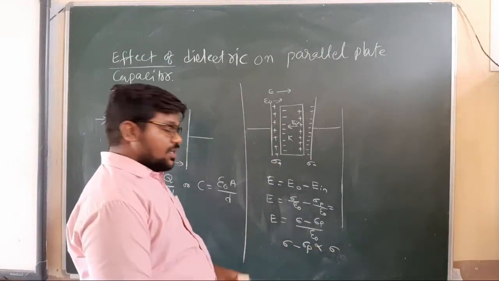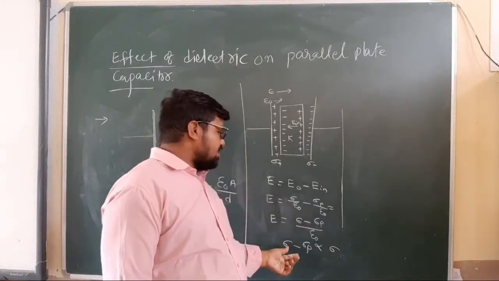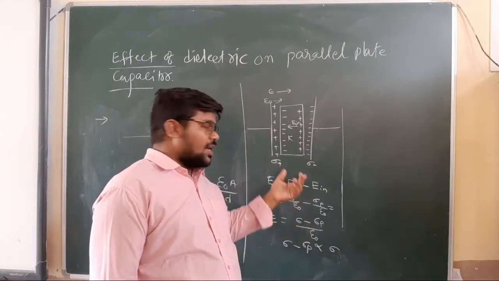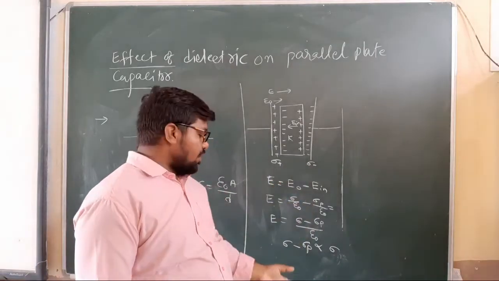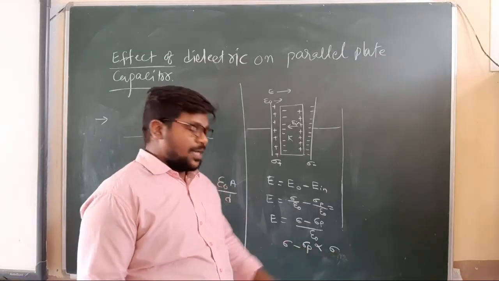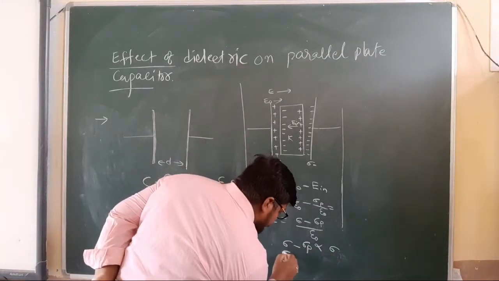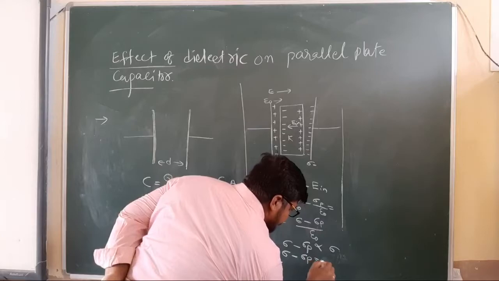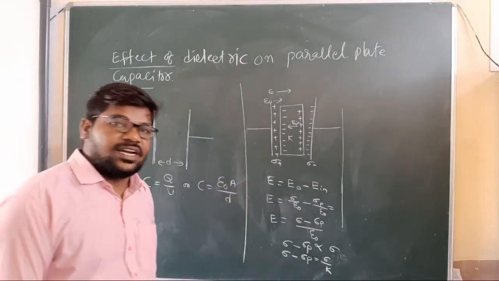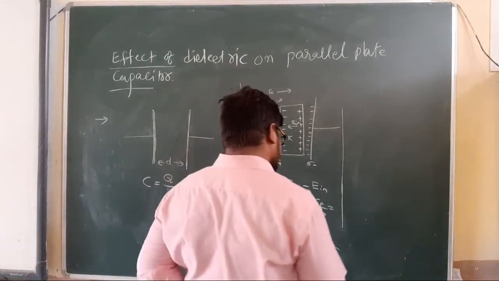The difference of the charge density of the capacitor and the charge density due to polarization in the dielectric medium is directly proportional to the charge density of the capacitor. So you have to write sigma minus sigma P is equal to sigma by K, where K is the dielectric constant.